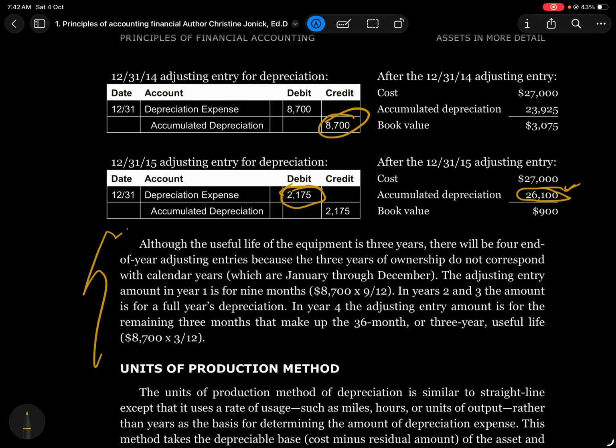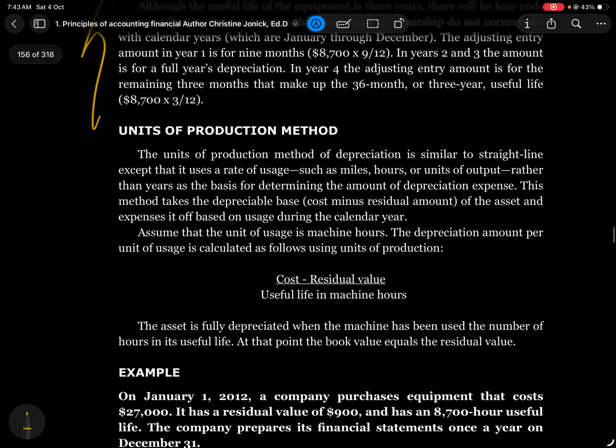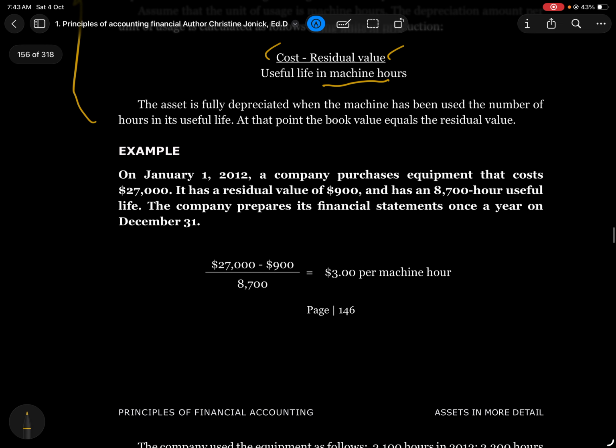This is what happens normally. So it's not always January 1st that you're buying inventory, or I mean fixed assets. Similarly, there is the unit of production method, where we normally have cost minus residual value but divide by machine hours, right? So if the machine is supposed to run at 8,700 hours, we divide by 8,700. Everything else is same, right?